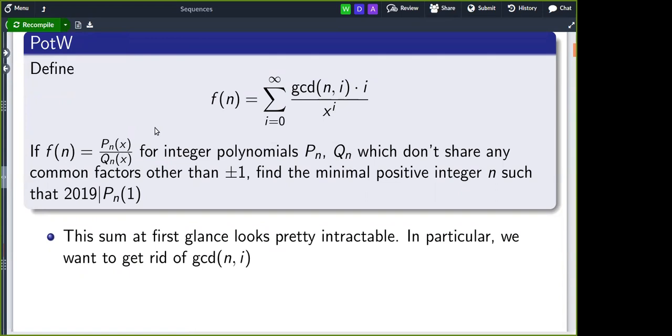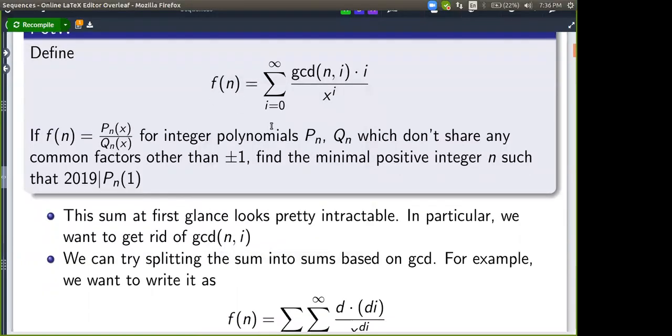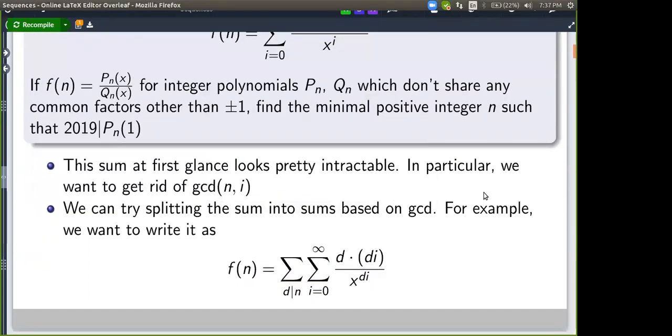Okay, so we can try looking at which terms have the same value for GCD. So we're going to try to split the sum based on the GCD of n and i. If we do that, we might get something like this.